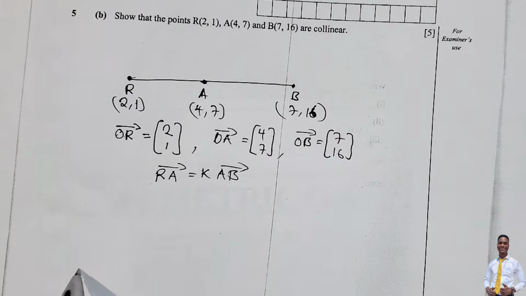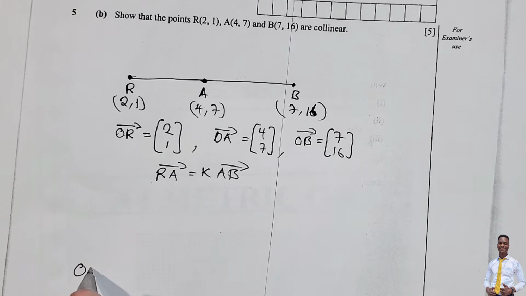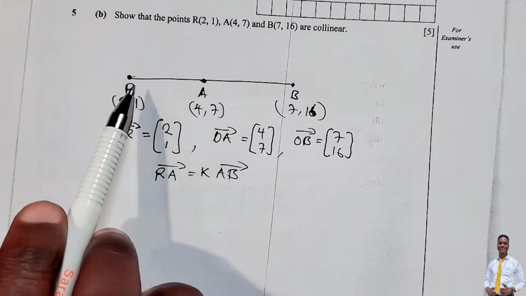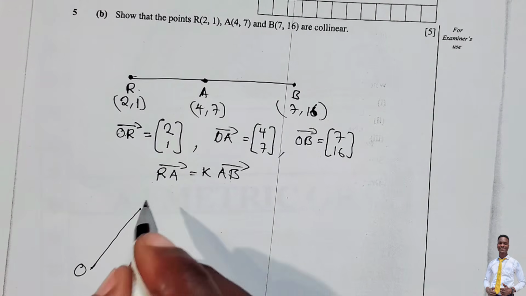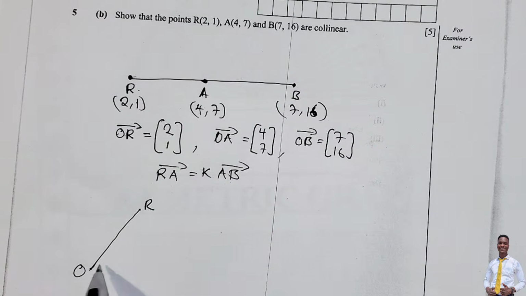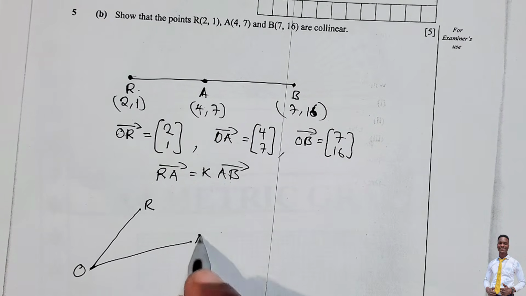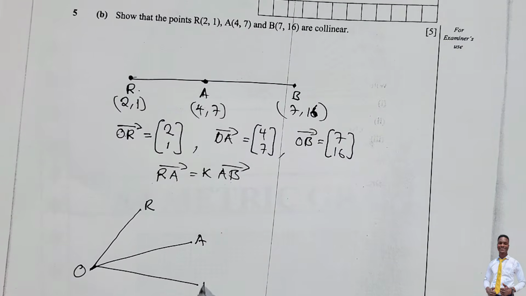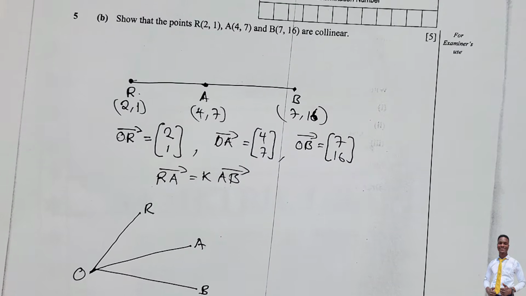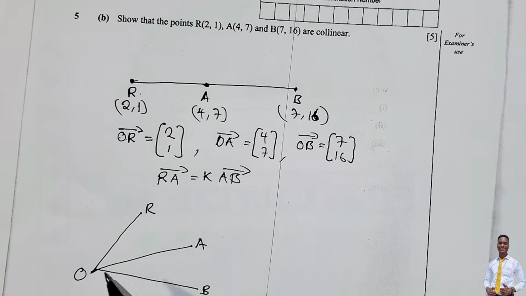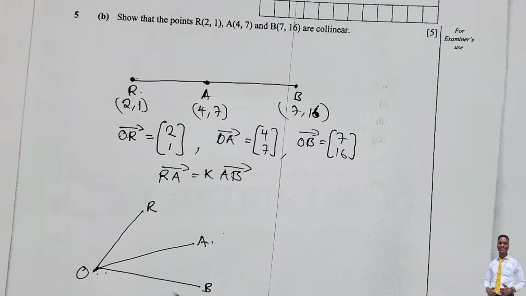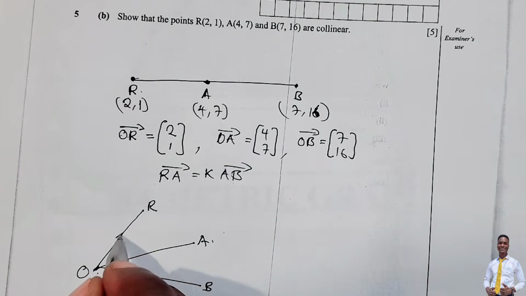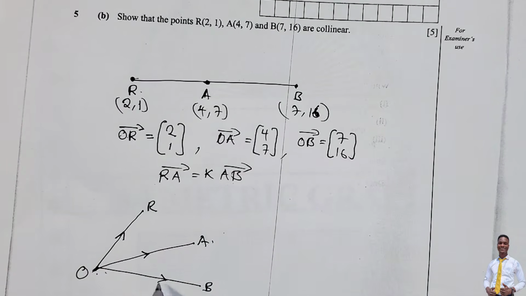Let's put O here as the origin, and we have 3 points. Let's say this is where R is, this is where A is, and this is where B is. Since they all have the origin O, this is the direction of the vector.